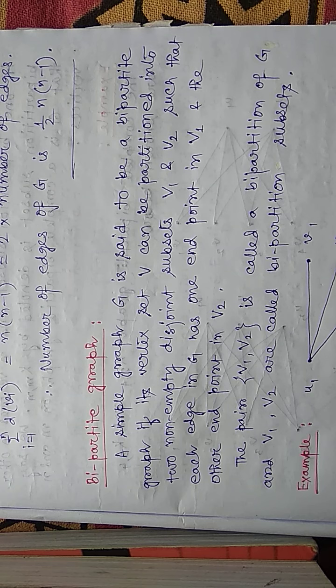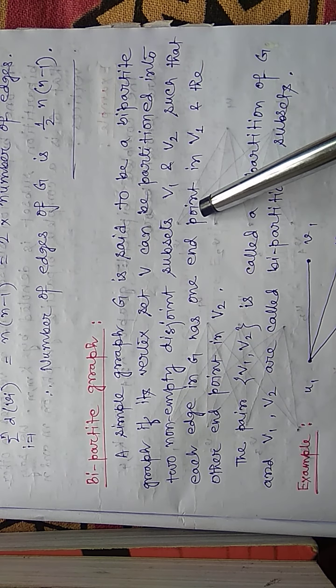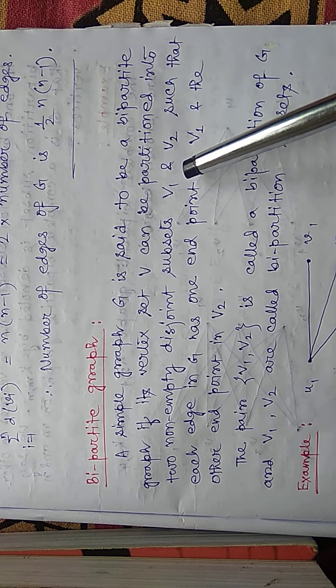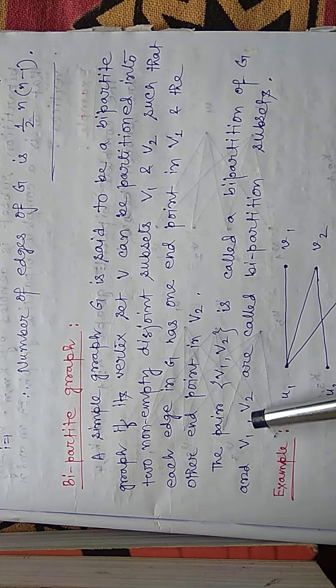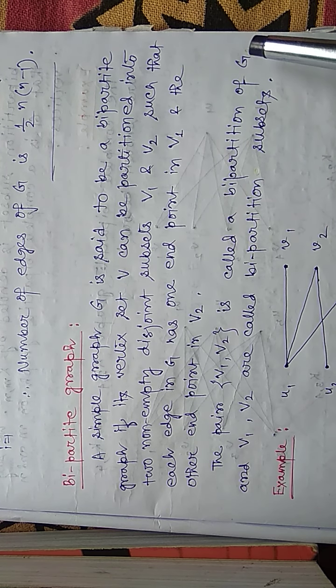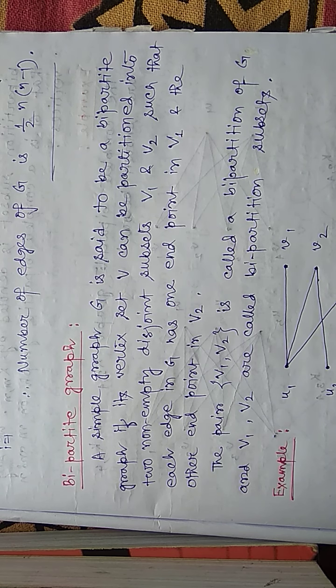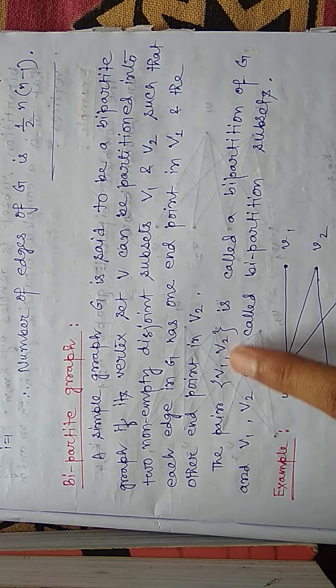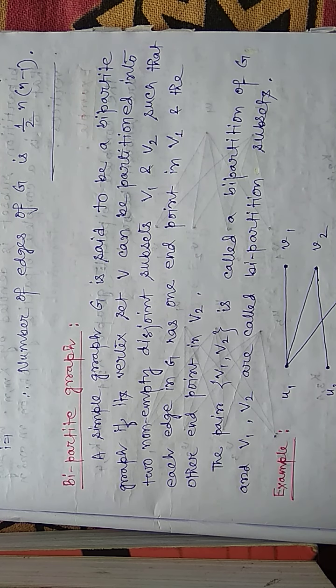For each edge, one endpoint must be in one bipartition subset and the other endpoint in the other bipartition subset. The pair (V1, V2) is called the bipartition of G. That means all of the vertices are partitioned into these disjoint subsets V1 and V2, that means V1 union V2 equals the whole vertex set V, and V1 and V2 are called bipartition subsets.